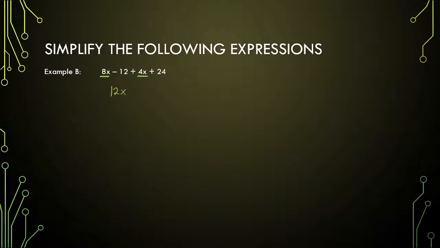And they also include negative 12 and positive 24. Both of those don't have x, so they are like terms. Negative 12 plus 24 is equal to plus 12. 12x and 12 can't be simplified anymore, so 12x plus 12 would be our simplified form.